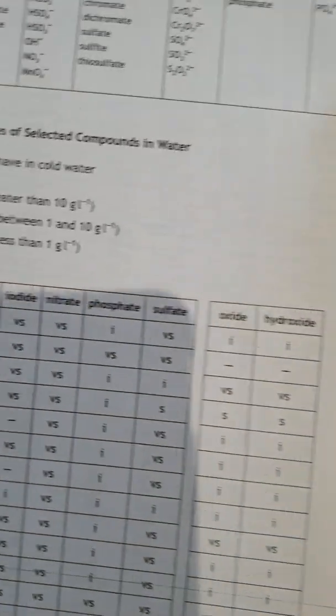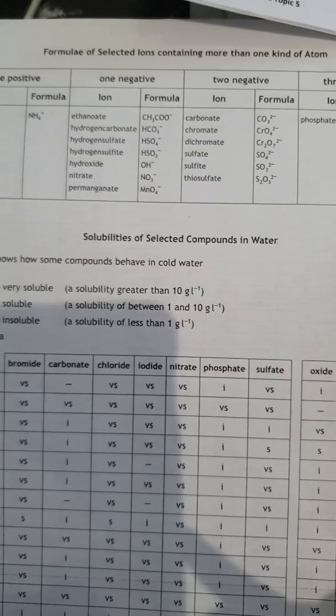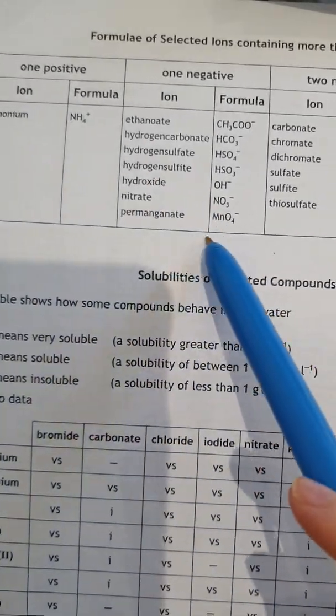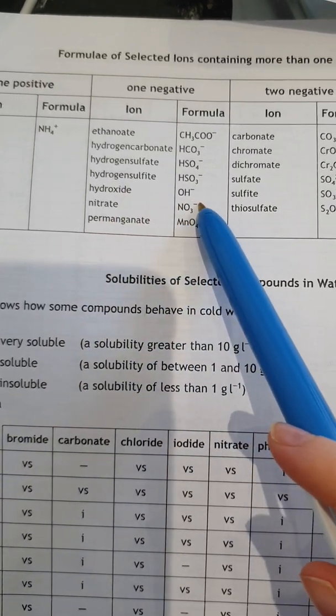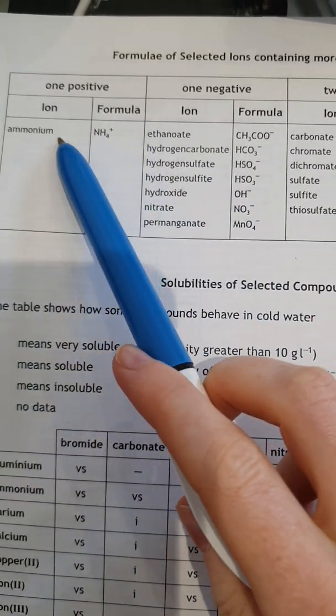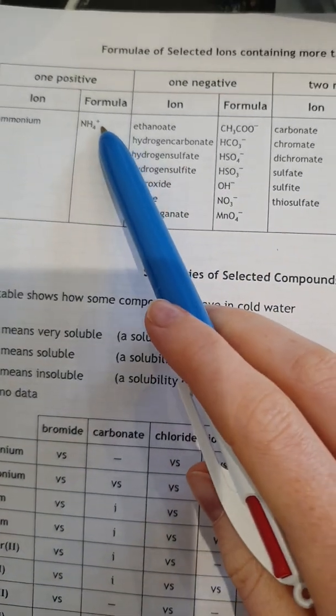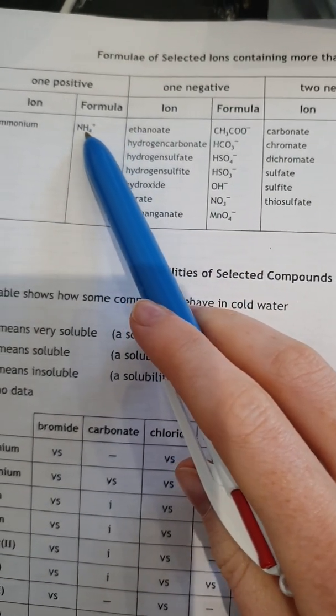So if I show you that here, page 8, so there we have, what did I mention, hydroxide is here, so it's OH, ammonium is NH4, so you'll see it's not just nitrogen, it's got hydrogen as well.